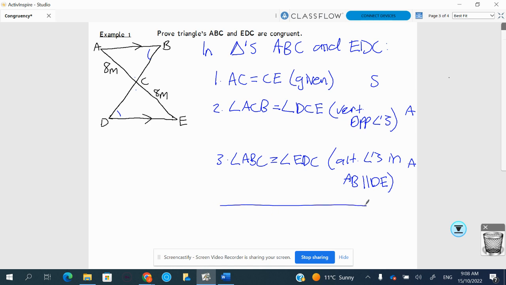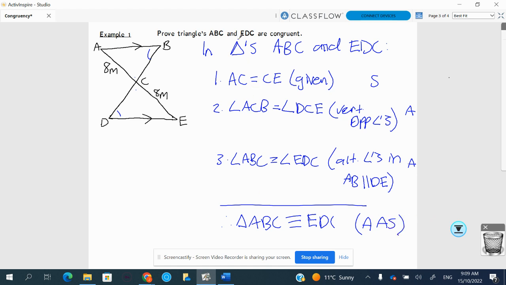So now we have to finish these proofs with a concluding statement. So the concluding statement: therefore, triangle ABC is congruent, the three-lined equal sign, to EDC, because of angle, side.